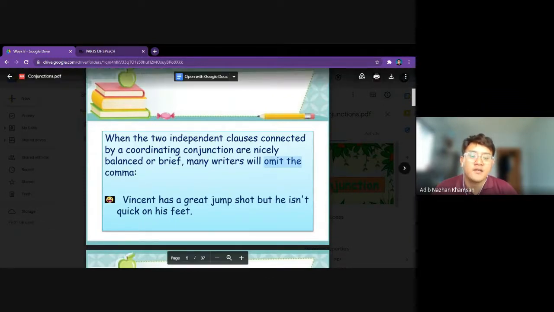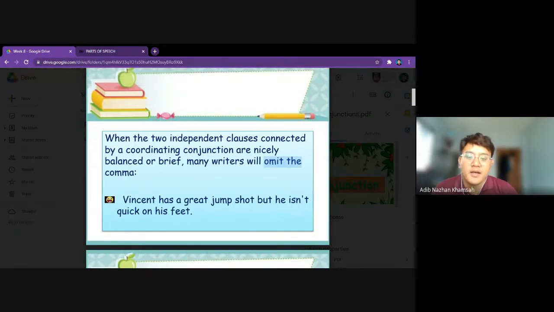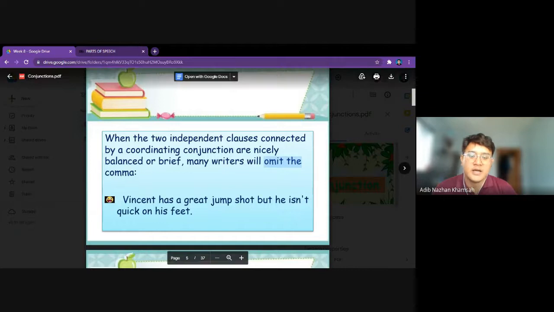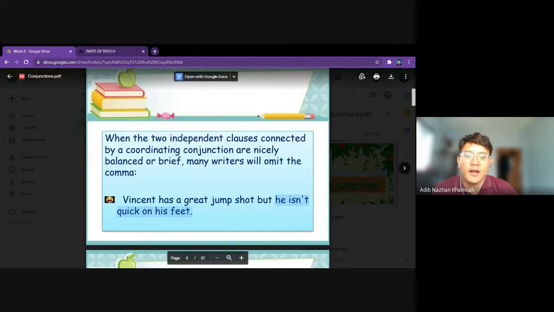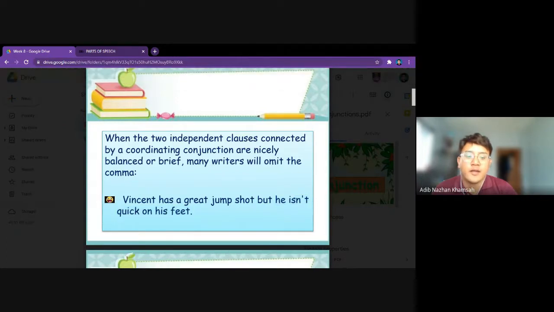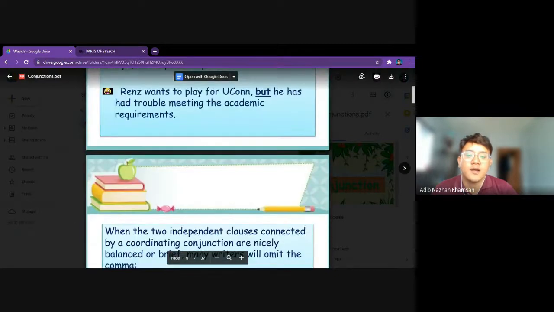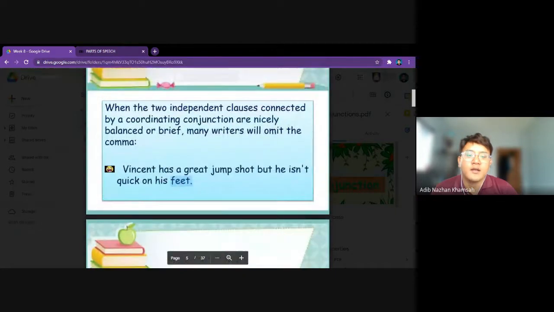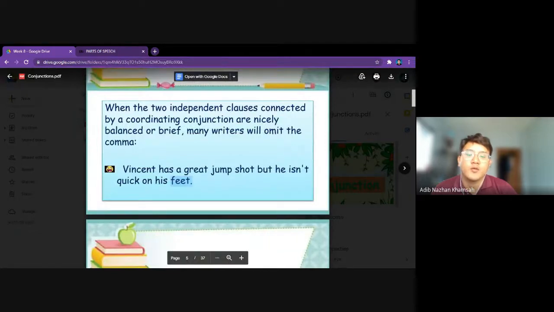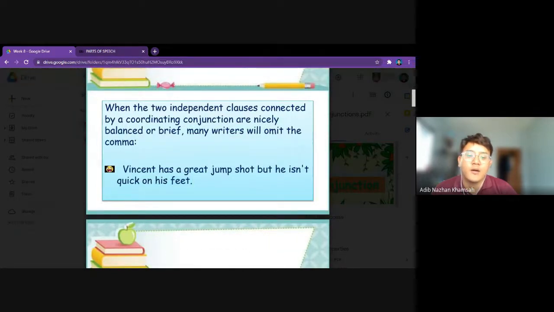Vincent has a great jump shot but he isn't quick on his feet. So bila kita pecahkan, when we detach the first clause here and the second clause here, dia akan jadi satu ayat tunggal yang lengkap dah. But in this sentence is ayat majmuk. It's a compound sentence. So it's connected and joined, so we don't have to put comma. Berbeza dengan kat sini. It's very different with this one. This one is nicely balanced, so we omit the comma.